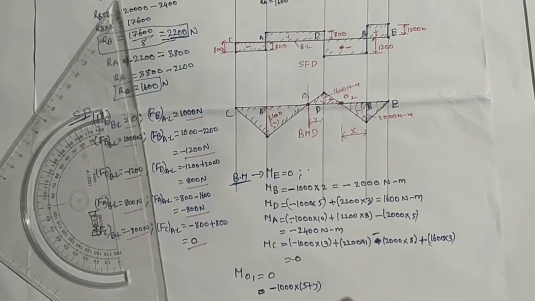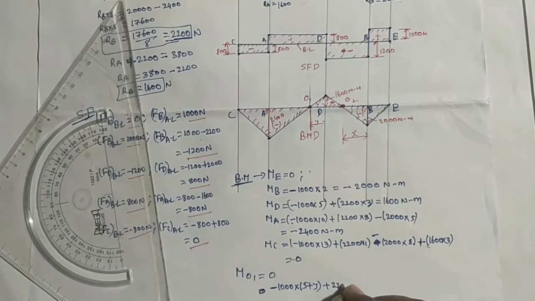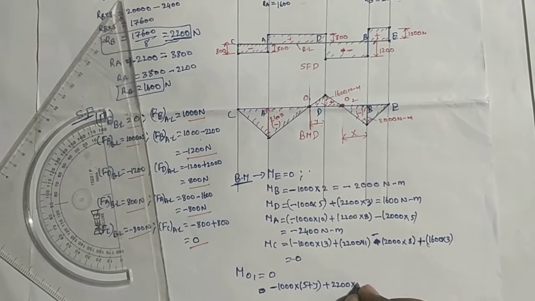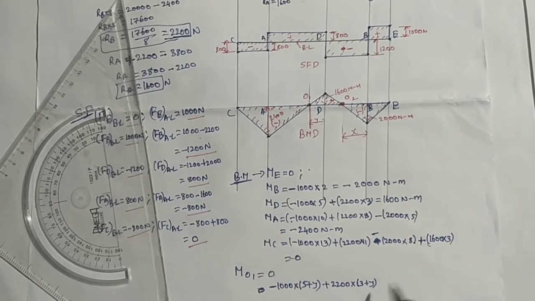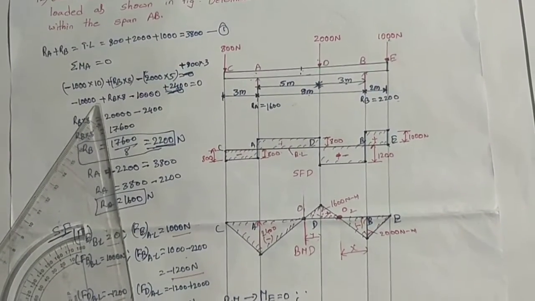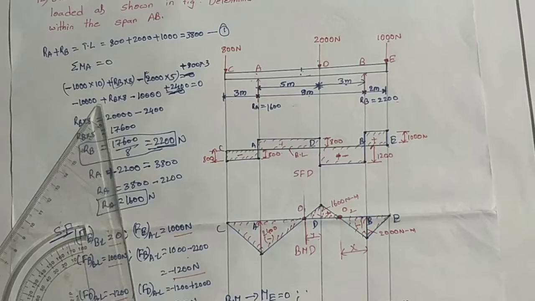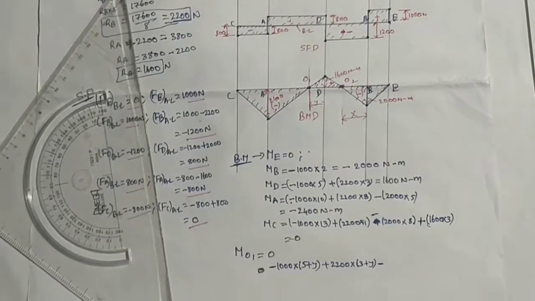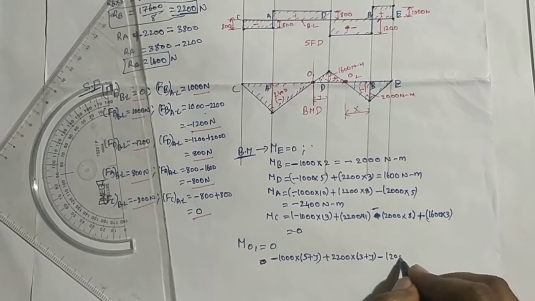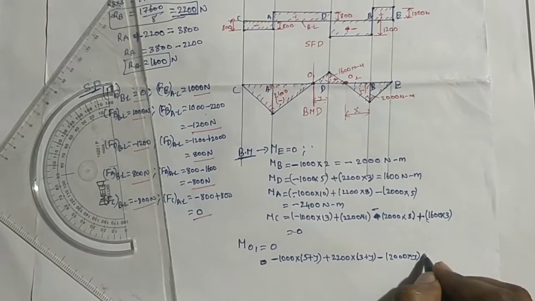So it can be written as plus 2200 into 3 plus y. The next load, 2000, is acting clockwise, so it is taken as negative. The distance is y, so minus 2000 into y is equal to 0.